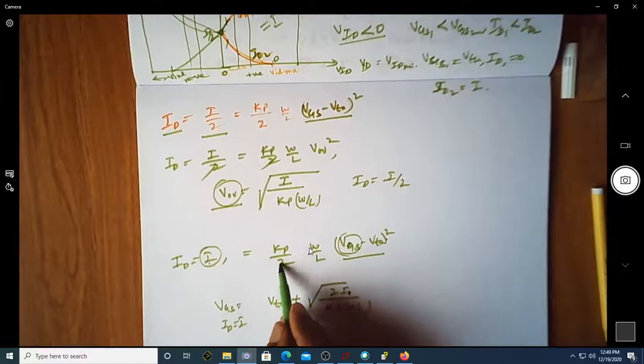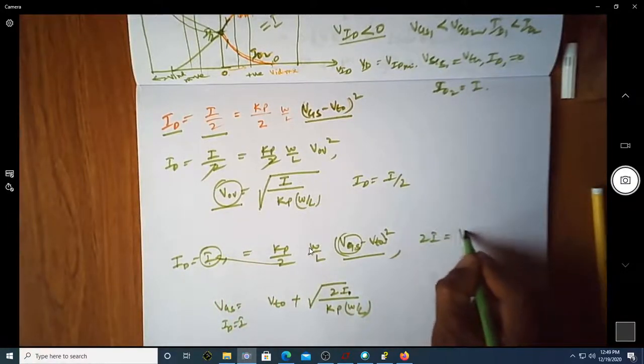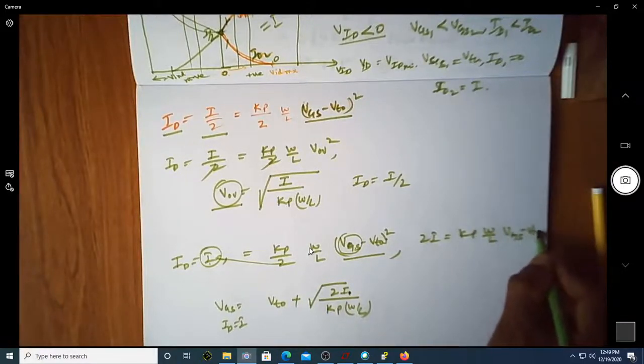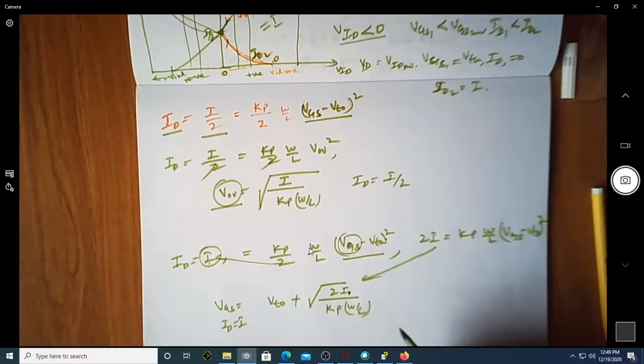Correct? For this, the 2 will go here. I can write this as 2I is equal to Kp W by L (VGS minus VTO) whole square. So I can write it this way.